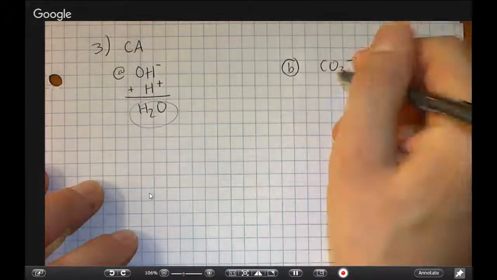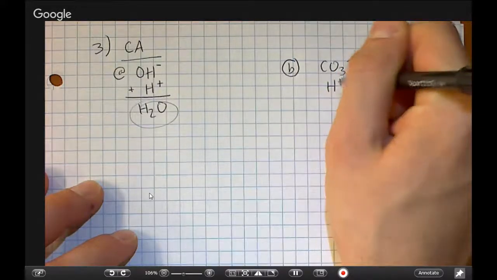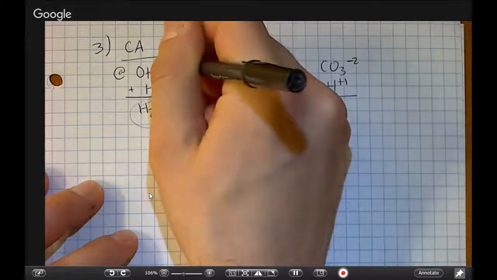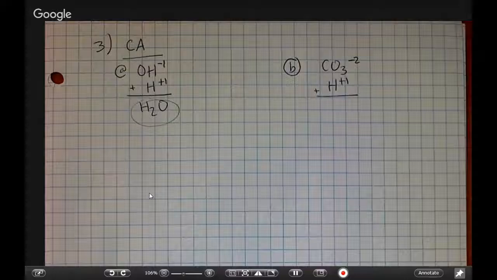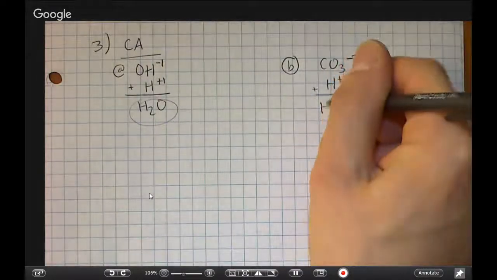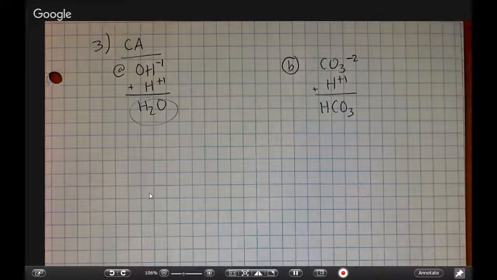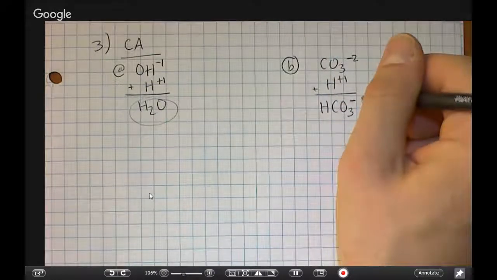Okay. For B, to find the conjugate acid, we're going to add H+. So you have CO3, and we add an H. So that's going to give us HCO3. And then what's the charge going to be? Just negative, right? Or -1.